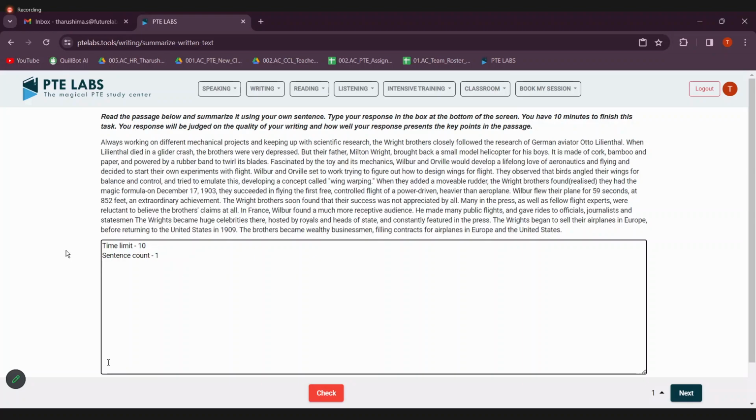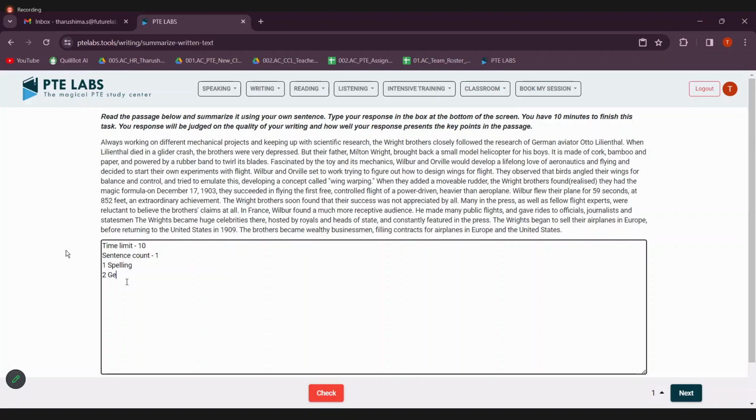Your response will be judged on the quality of your writing and how well you present the key points in the passage. So your response should include the key points as well as the writing quality. Writing quality means we focus on four points. First one, spelling.